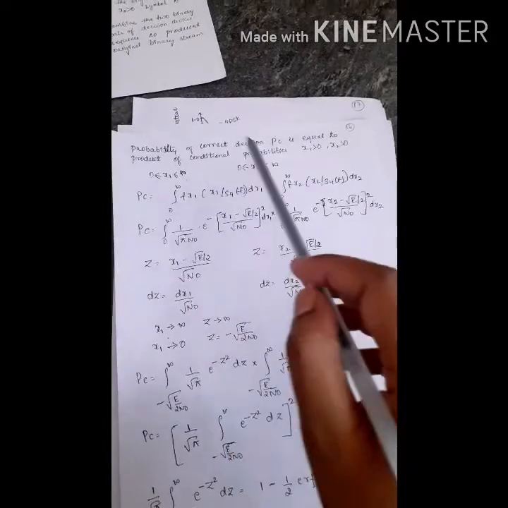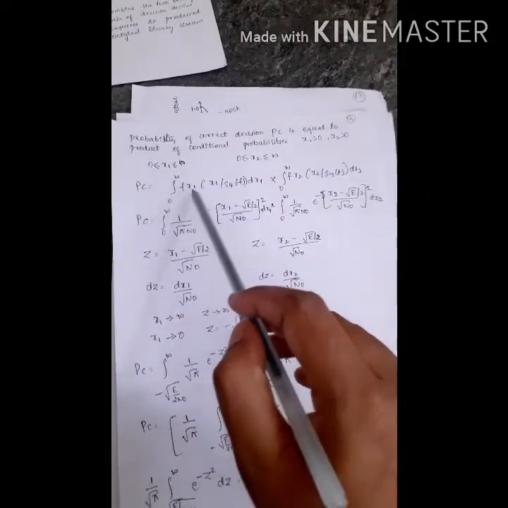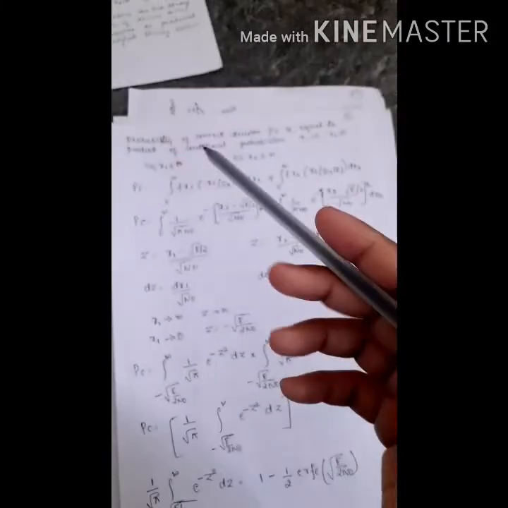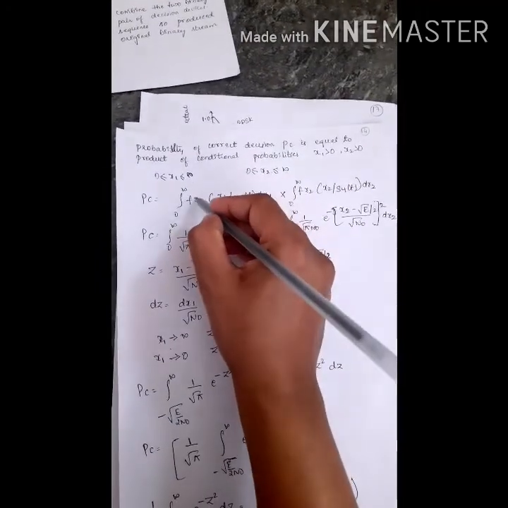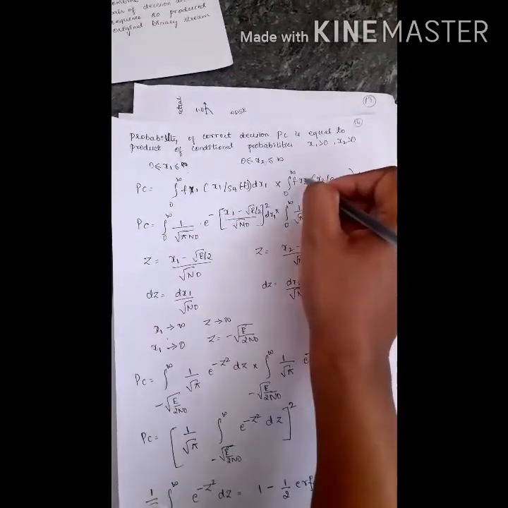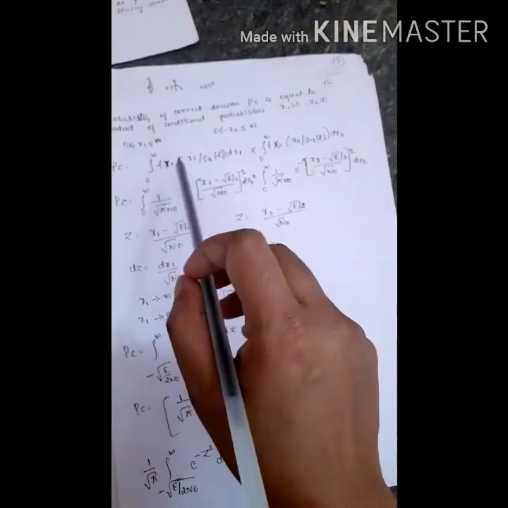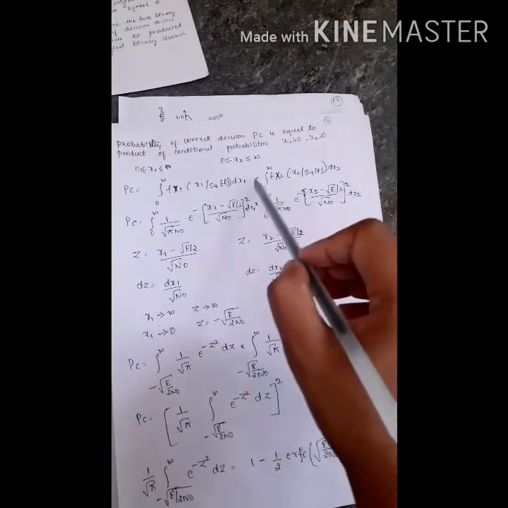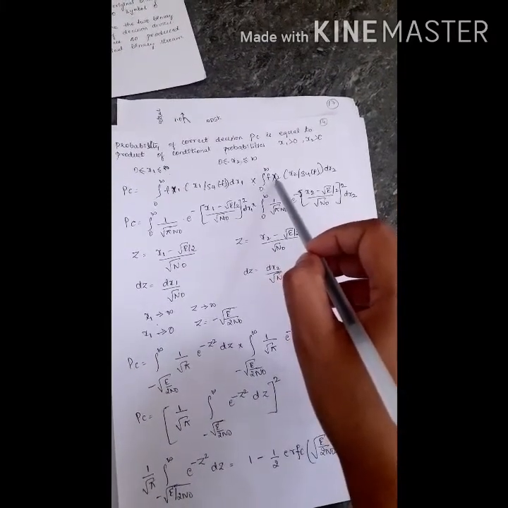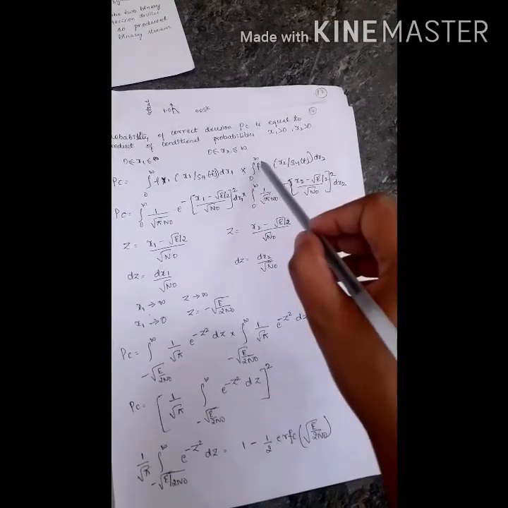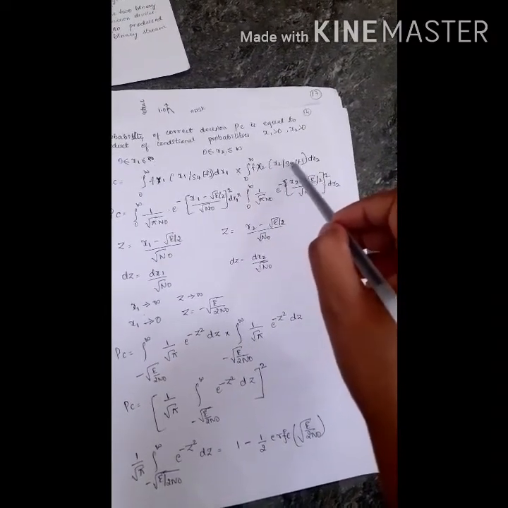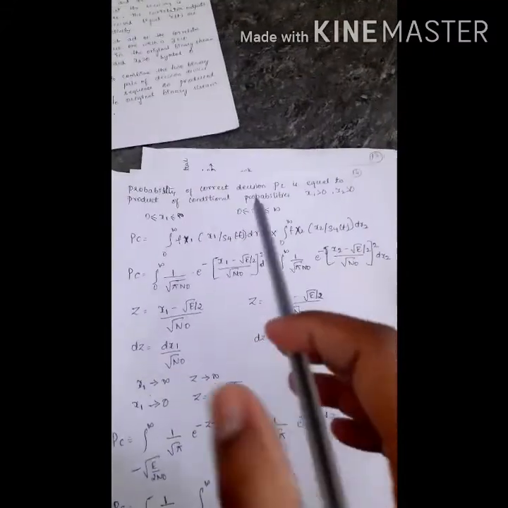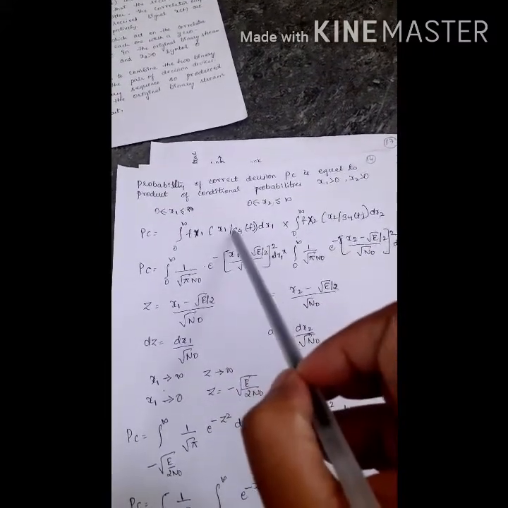Therefore, the probability of correct decision is Pc equals the integral from 0 to infinity of f of x1 given s4(t) dx1 times the integral from 0 to infinity of f of x2 given s4(t) dx2. This means this is f of x1 given s4(t).